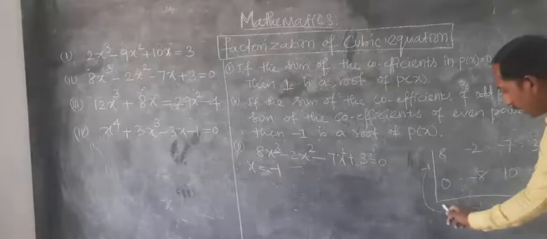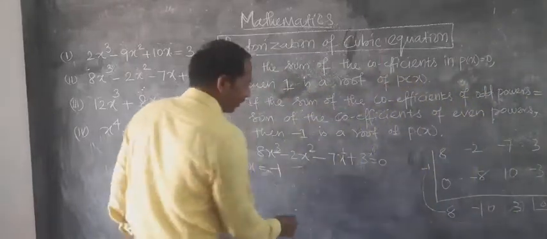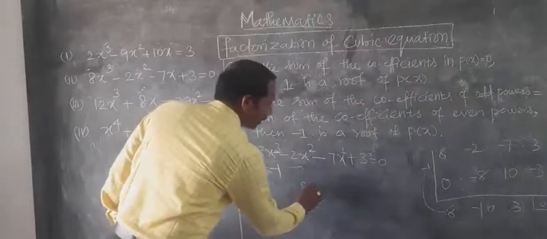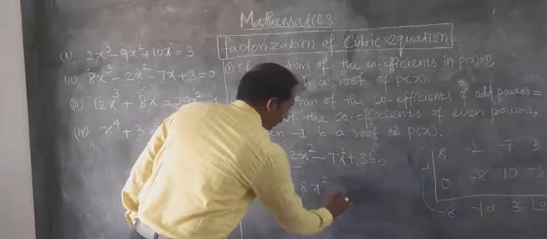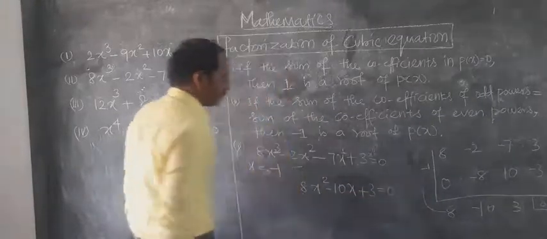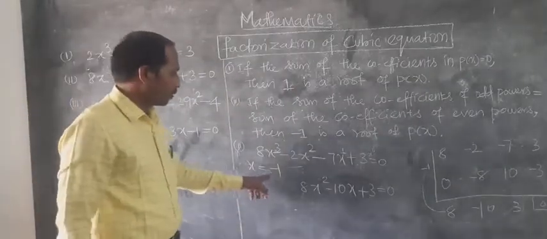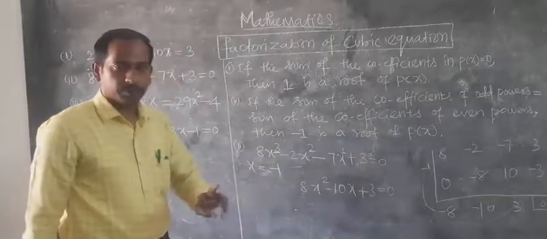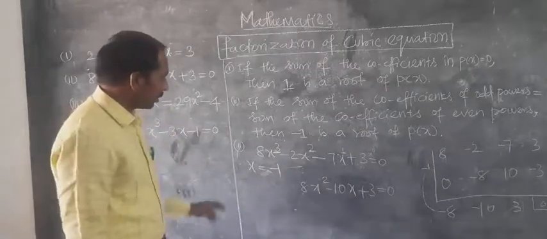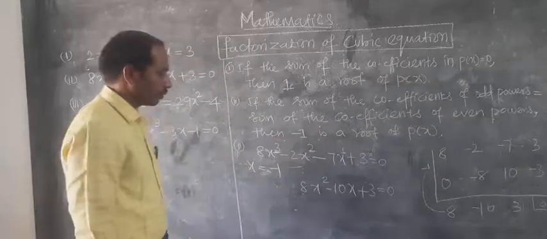So come to the second, the quadratic equation: 8x square minus 10x plus 3 equal to 0. Because we have already found x equal to minus 1 is one of the roots, we want to find the other two roots, because second order means we can find two roots.